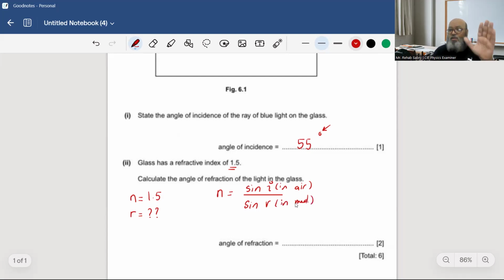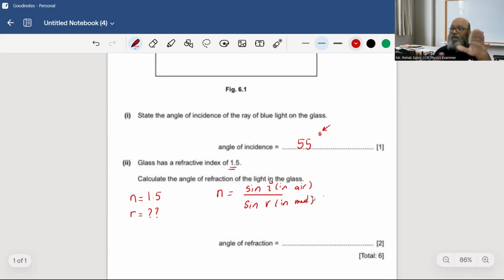Someone may ask, what if the angle of incidence was inside the glass and the angle of refraction is in the air? Use the angle in air in the numerator and the angle in the medium in the denominator. Don't change this sequence.